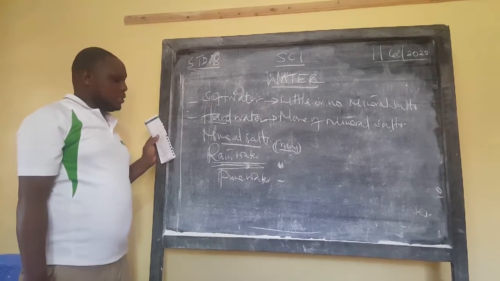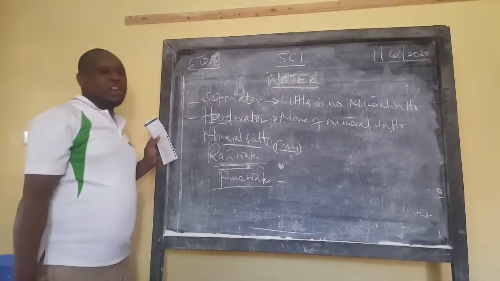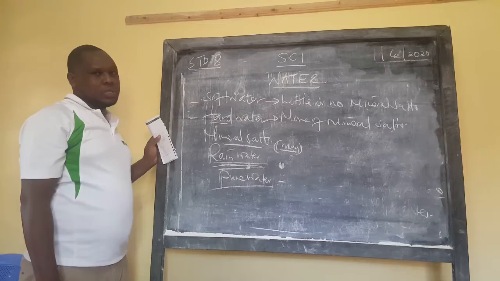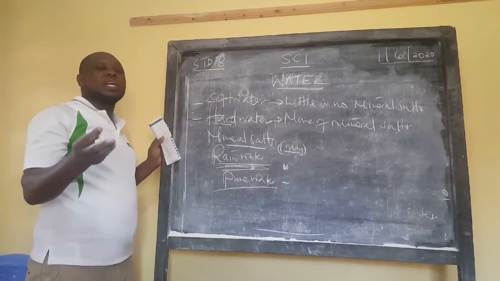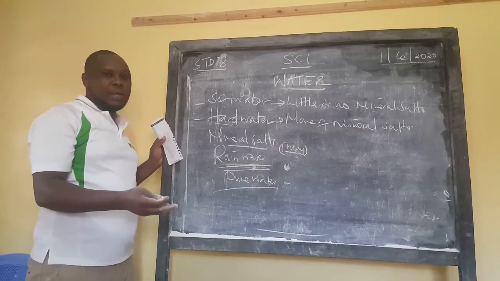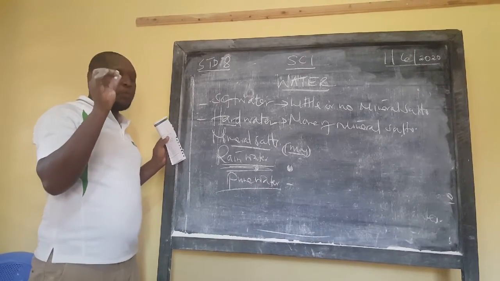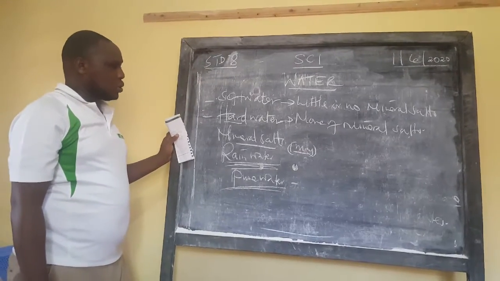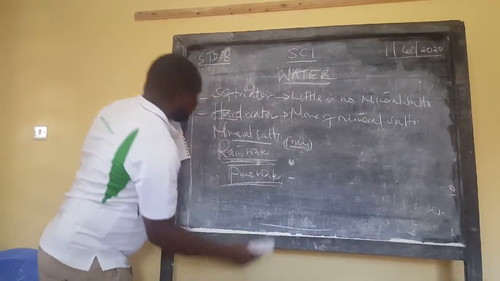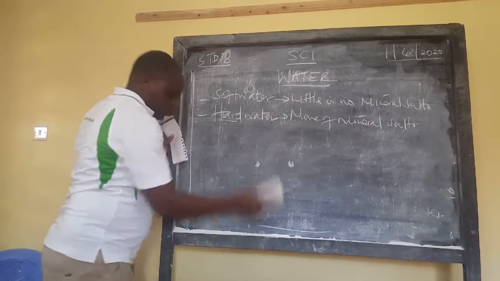That water is simply said to have no minerals. Once you take it, you hear the taste is different from when you take some fresh water from a tap, because that one has been purified and there is no mineral source. So that's all about soft and hard water.